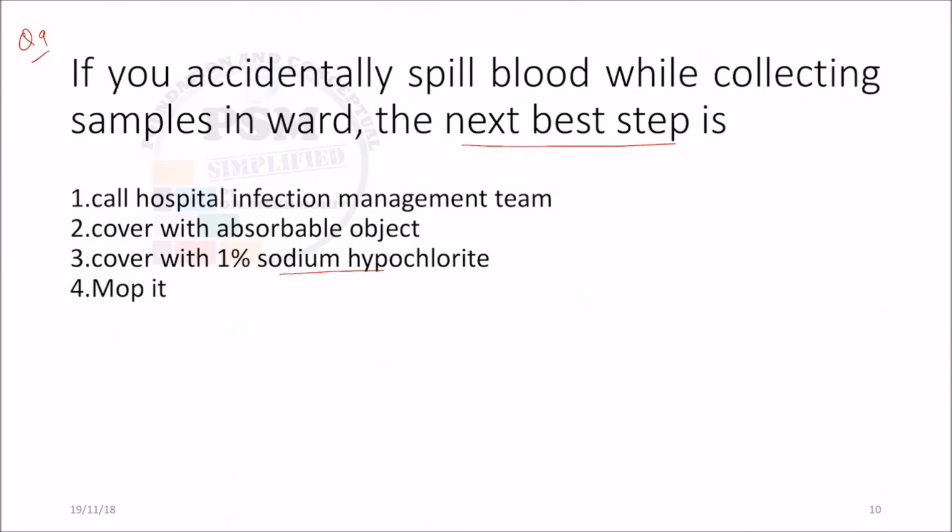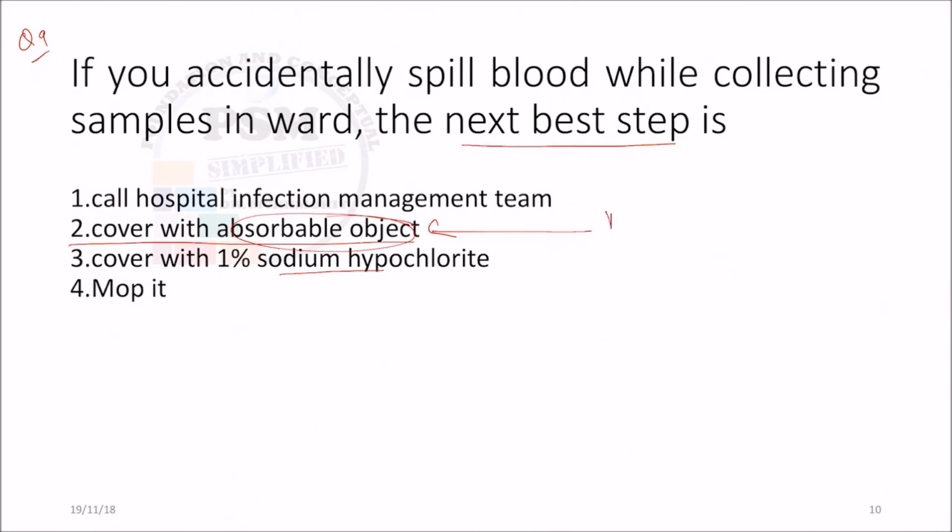Mind you, the next best step in management would always be, you catch hold of tissue papers, napkins, bed sheet, any absorbable thing, and you just soak it over there depending on the quantity of blood spilled over the floor. You try to absorb the maximum blood from the floor. Once the blood is absorbed, you have a plan for disinfection of this object as well.